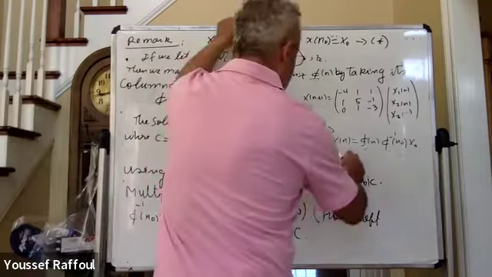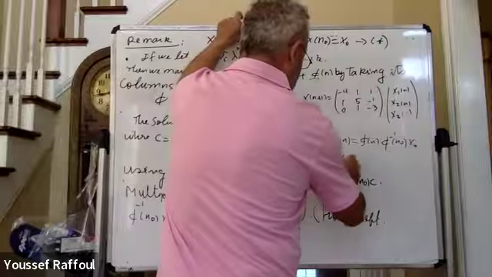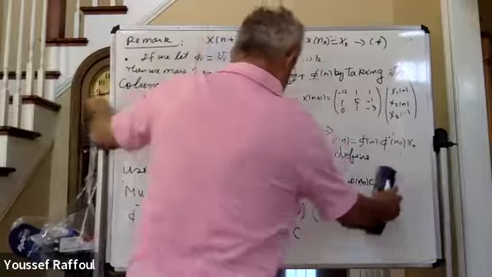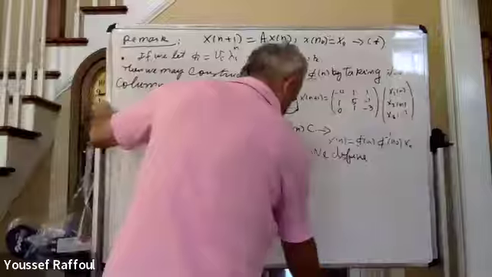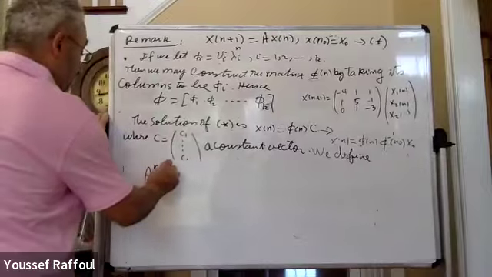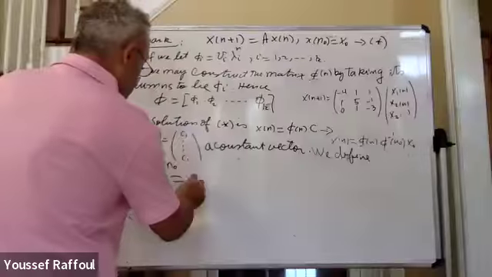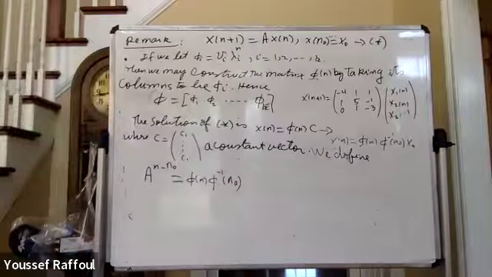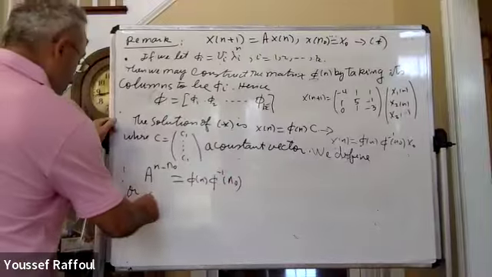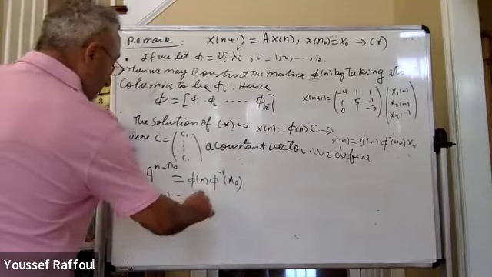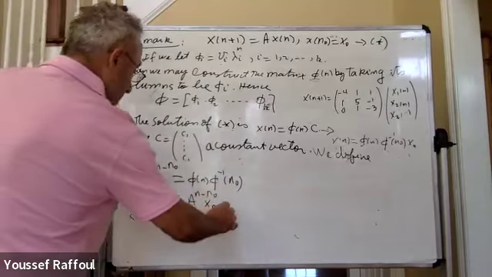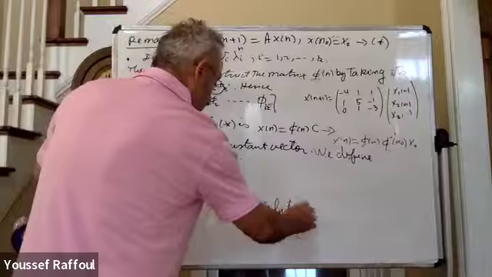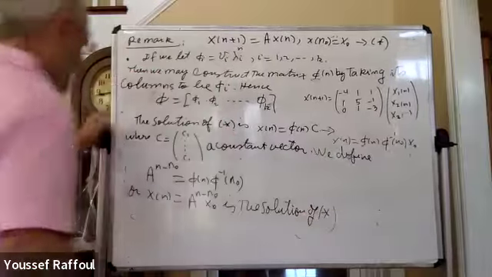So we define A(n minus n_0) to be equal to phi_n phi inverse of n_0, or x_n equal to A(n minus n_0) x_0 is the solution of the star.